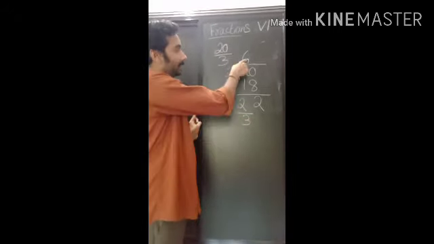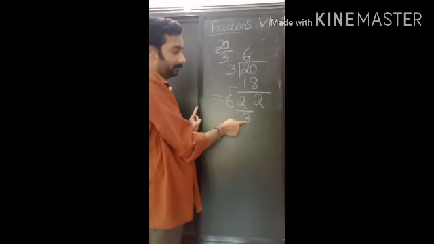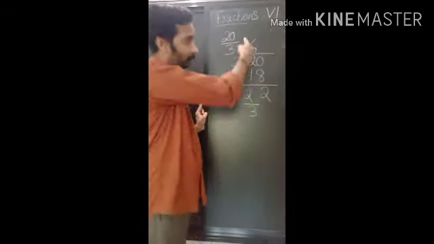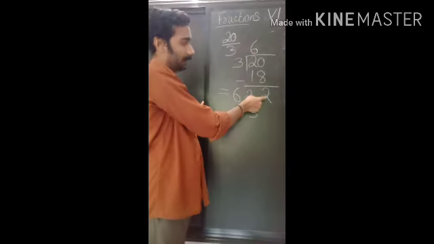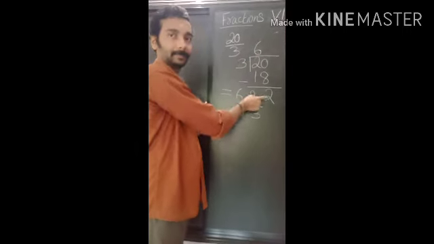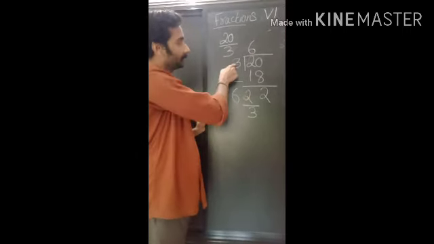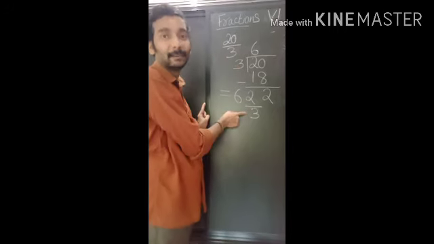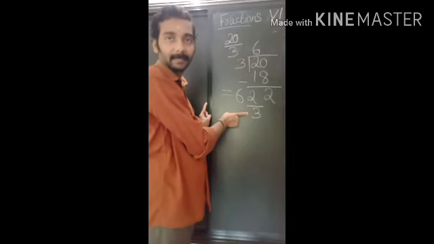That is 6, 2 by 3. You just follow this: first we write 6, then the other number is 2 by 3. This is the mixed fraction. Clear? Okay.